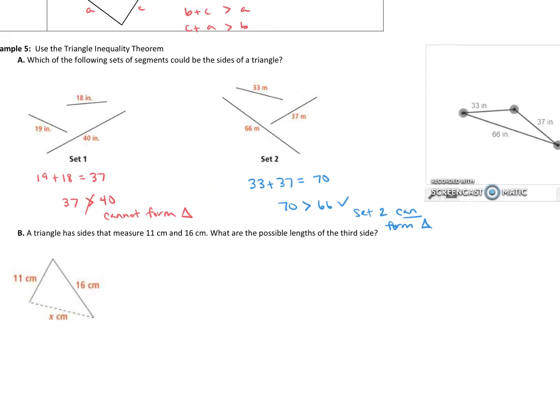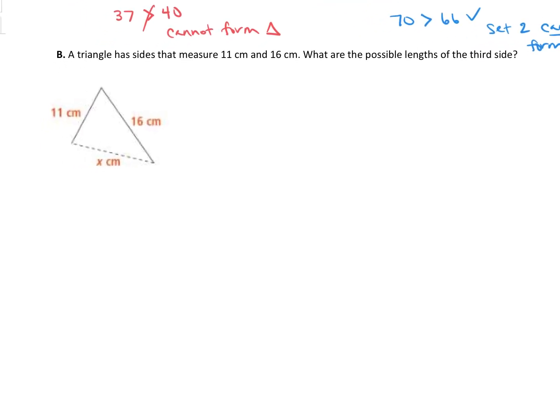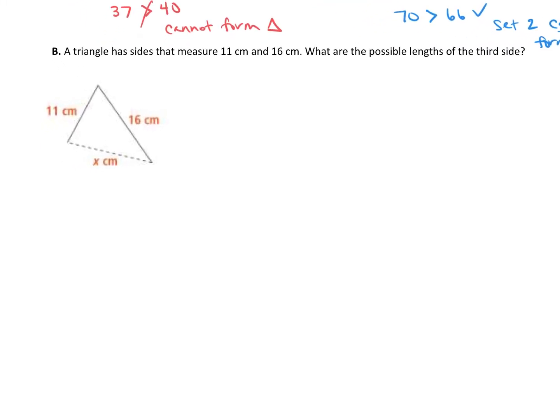All right, so we have our last question, part B. A triangle has sides that measure 11 centimeters and 16 centimeters. What are the possible lengths of the third side? According to our triangle inequality theorem, we know that the sum of two sides has to be bigger than the third side.